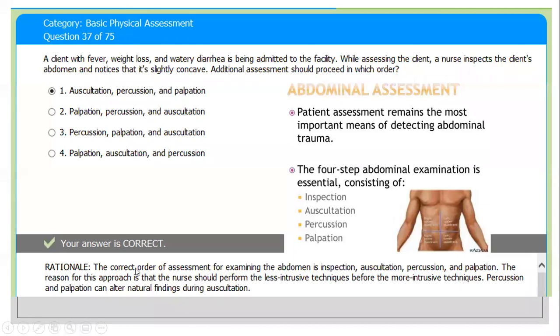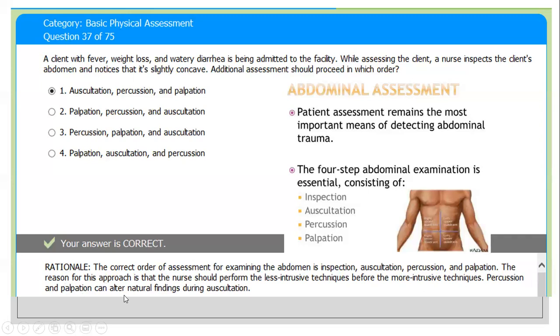So, rationale. The correct order of assessment for examining the abdomen is inspect, then auscultate, then percuss, and palpate. The reason for this approach is that the nurse should perform less intrusive techniques before the more intrusive techniques.